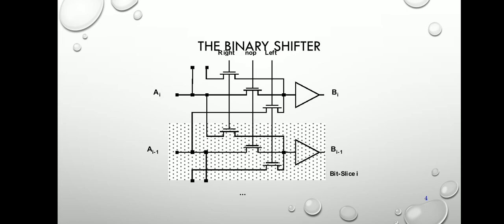The binary shifter contains right, top, and left. When you are shifting the binary shifter to the left, it changes the bit position to i minus 1, and if it shifts to the right side, it changes to i plus 1.